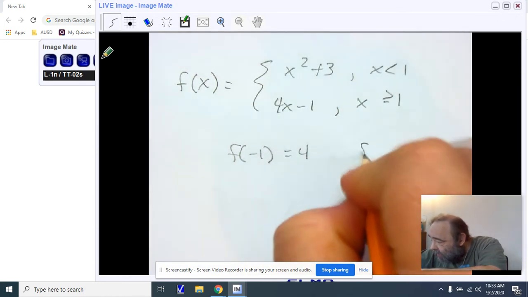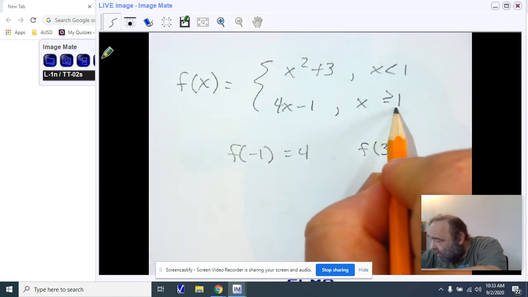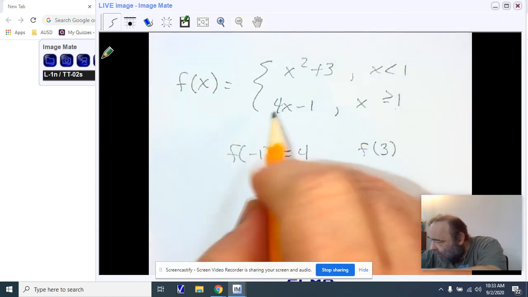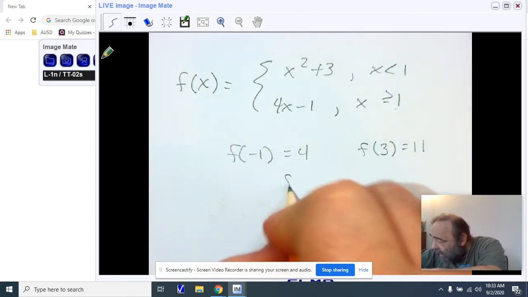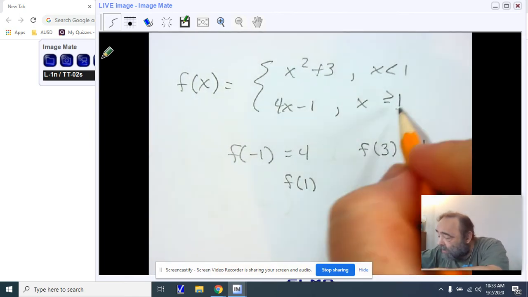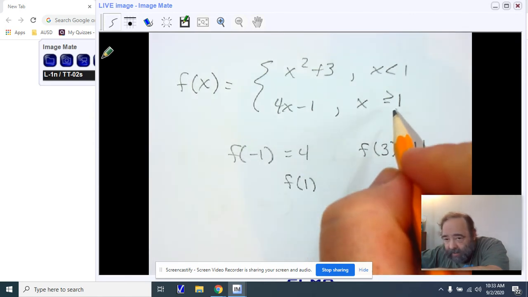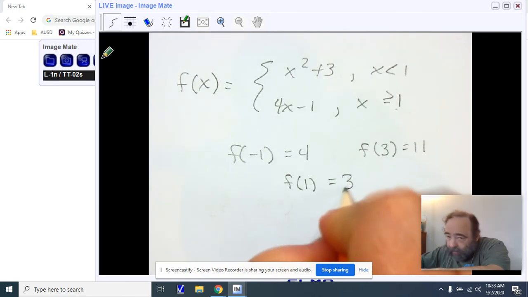If I were asking you to find f of 3, 3 is greater than 1, therefore it fits on this piece, and I'm looking at 12 minus 1, which is 11. I could ask you to find f of 1. F of 1 is the change in the domain, and so you're looking at where is the or equal to. This one has the or equal to. Plugging in the 1, I get 3.